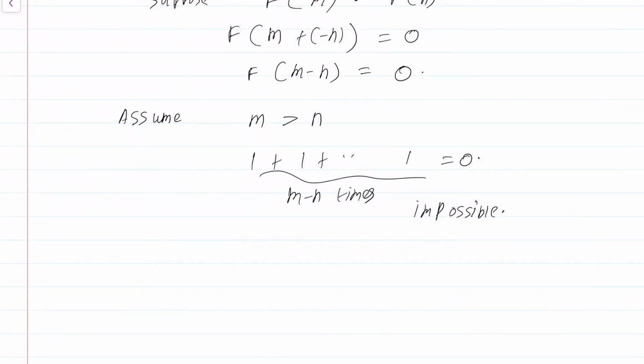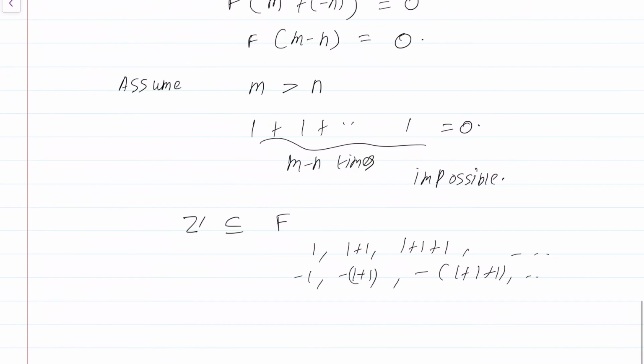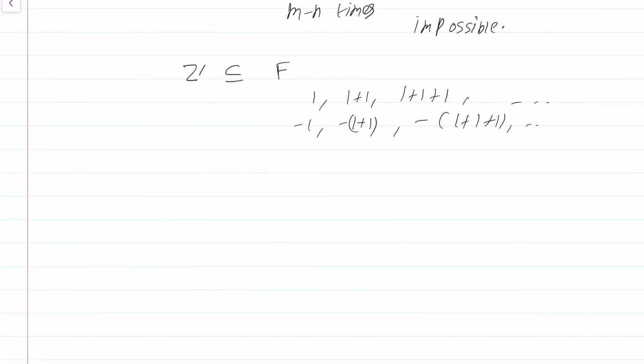So the upshot is the integers are actually sitting inside any field in disguise. They are sitting as 1, 1 plus 1, 1 plus 1 plus 1, and the negatives of these, minus 1, minus 1 plus minus 1 plus 1 plus 1, and so on. Now I'm going to give you one more exercise.